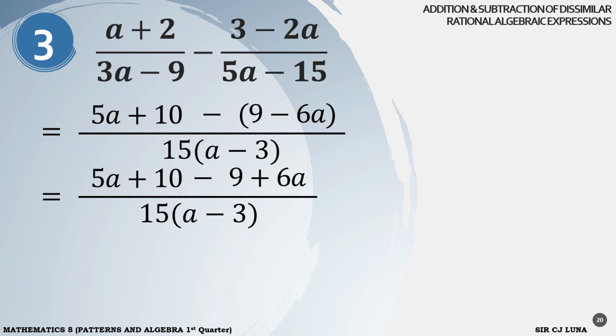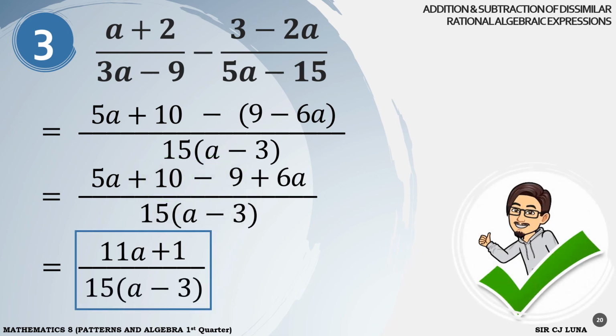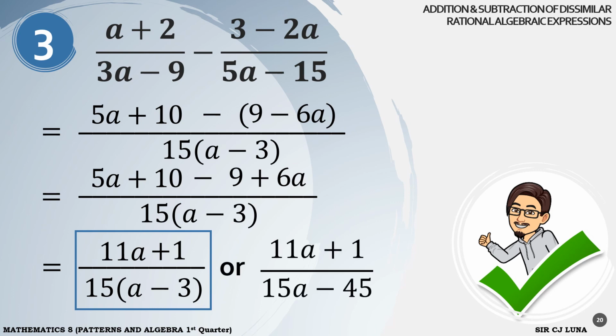And then we have to combine like terms. We have 5a plus 6a, that is 11a. And then 10 minus 9 is equal to positive 1. All over 15, quantity a minus 3. That's it. Okay? So, pwede ang sagot nyo dito ay ganito. Pwede rin yan.